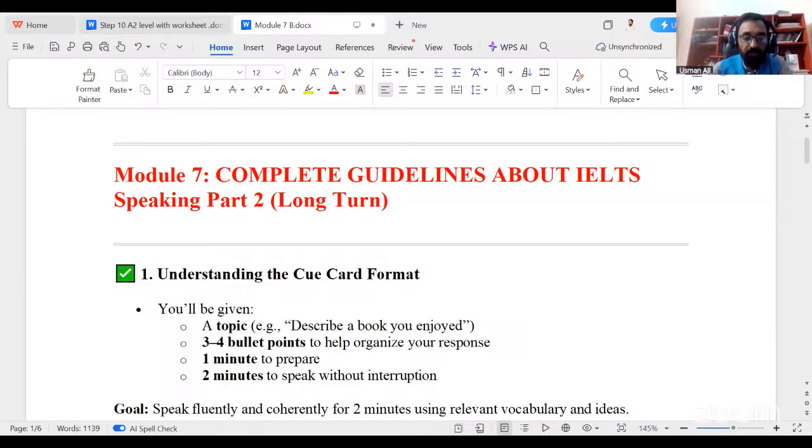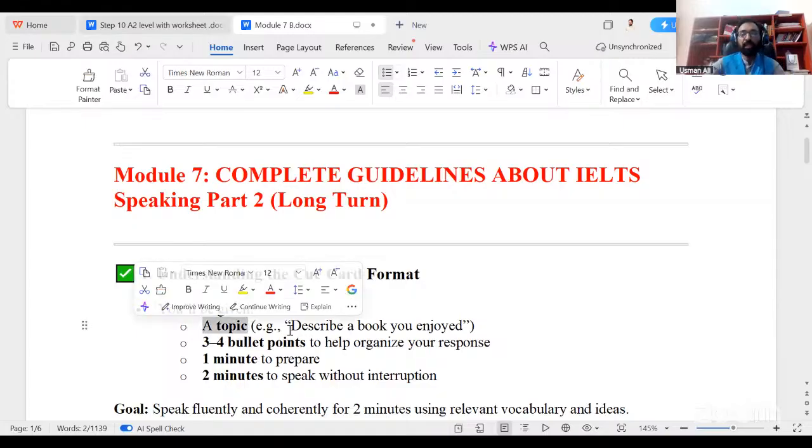So we will understand the cue card. You will be given a topic, for example, describe a book you enjoyed. And you will discuss 3 to 4 bullet points to help organize your response.